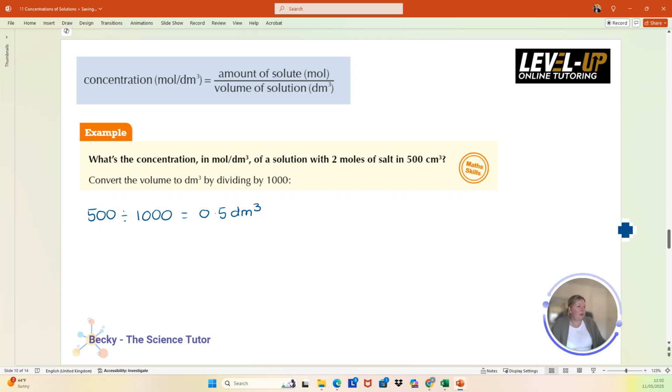The concentration equals a number of moles, so 2 moles divided by 0.5 decimetres. And that gives us a concentration of 4 moles per decimetre cubed. Okay, so let's take it up a notch.